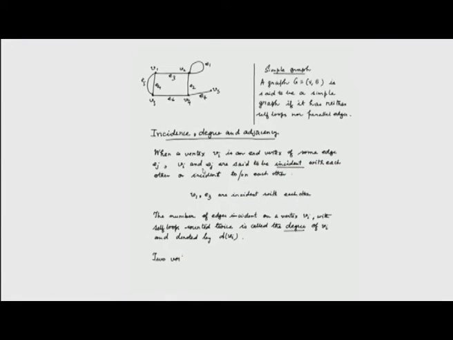Two vertices are said to be adjacent if they are end vertices of a common edge.